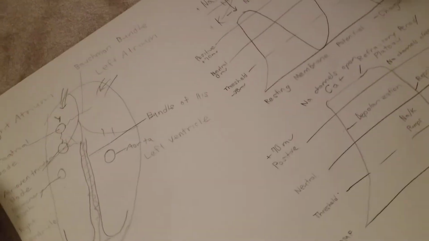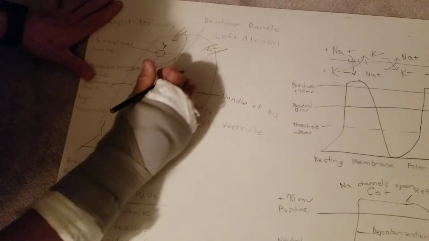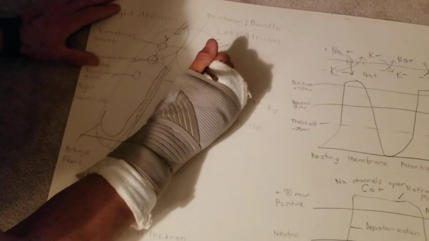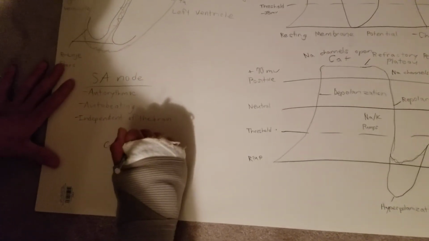So we start here in the SA node, we travel over here through Bachmann's bundle. Contraction occurs first in the side of the atrium.